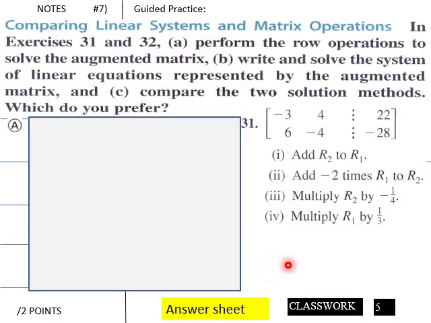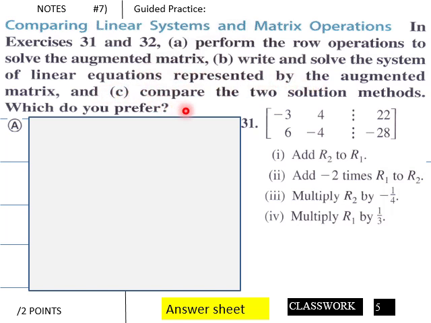Okay, so let's try a guided practice in exercises 31, 32, and this one is 31. A, perform the row operations to solve the augmented matrix. B, write and solve the system of linear equations represented by the augmented matrix.